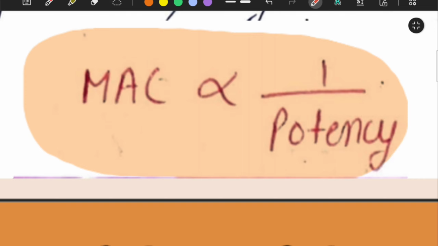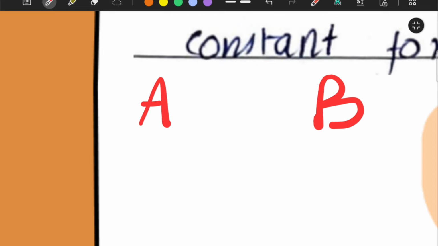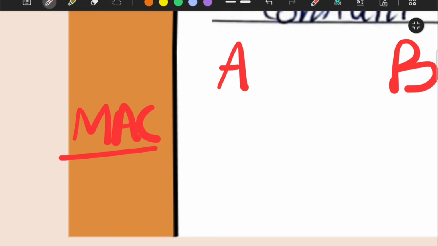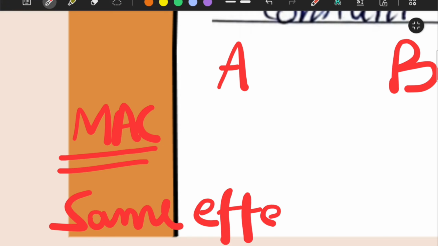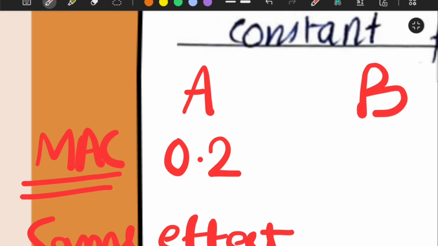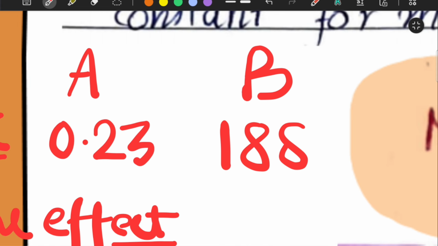Consider I'm taking random values. There is a gaseous anesthetic A and a gaseous anesthetic B. For the same effect towards a painful stimulus, the MAC value for gaseous anesthetic A is 0.23, and for B the MAC value is 188.